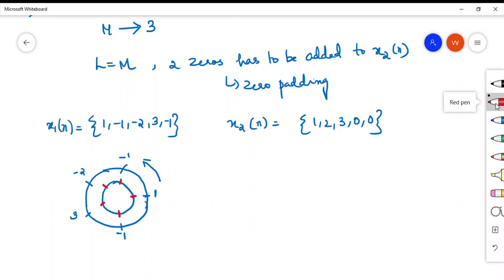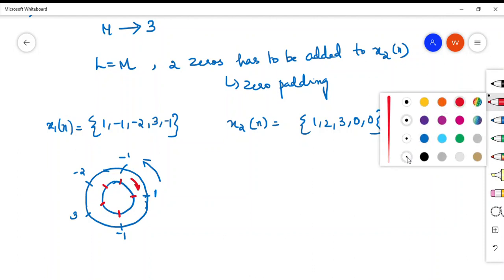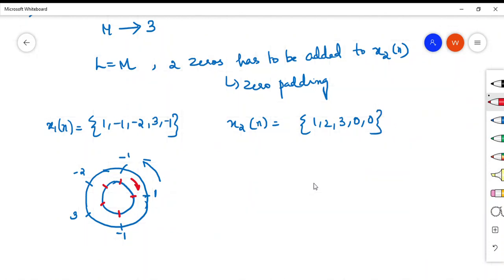In the inner circle, the points have to be marked in the clockwise direction. Starting from here, we have 1 here, 2 here, 3, 0, 0.